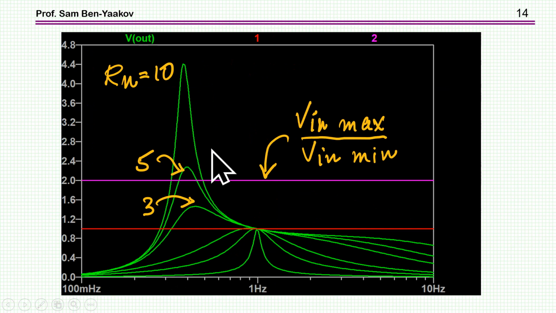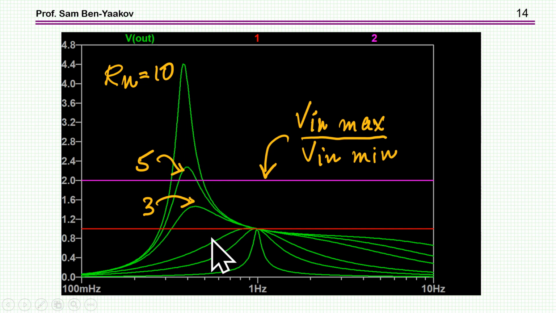Now, looking at this curve, we see that there is no problem for the system to give us gain when the resistance is high, the normalized or the real one. So I have to make sure that for the smallest resistance, I'll have sufficient gain.